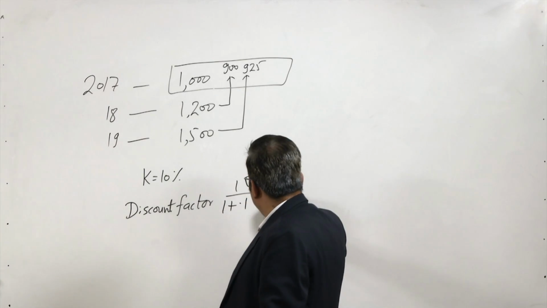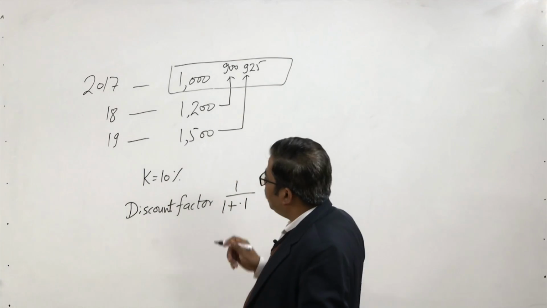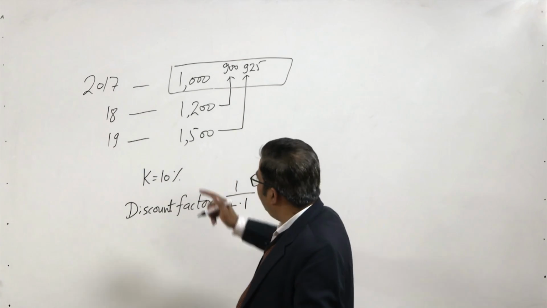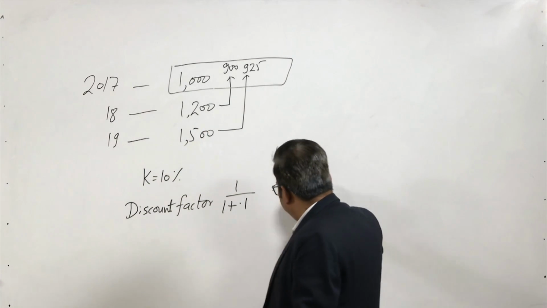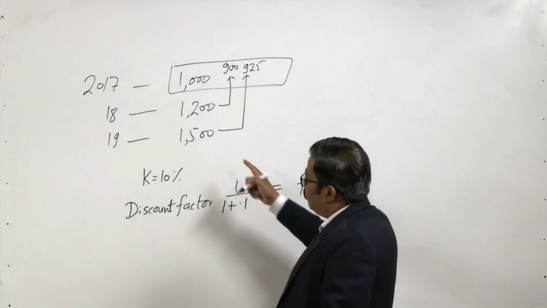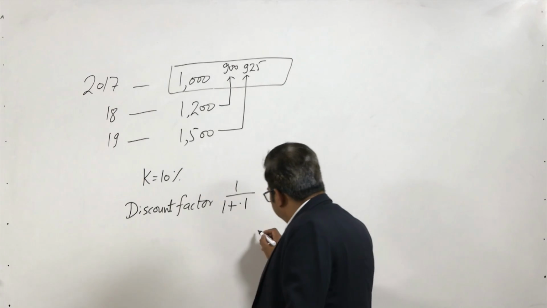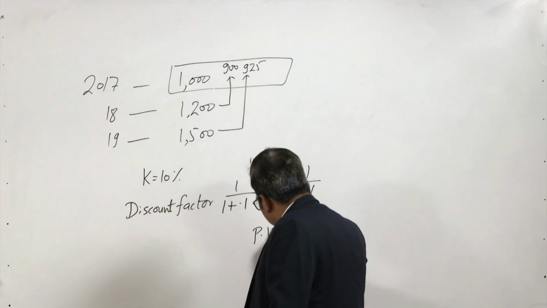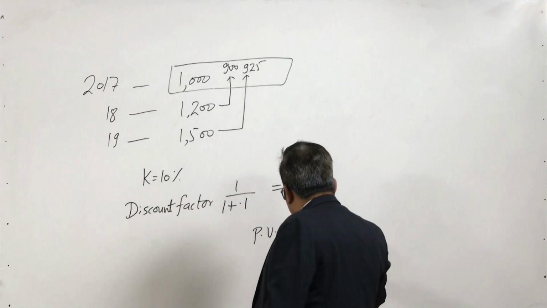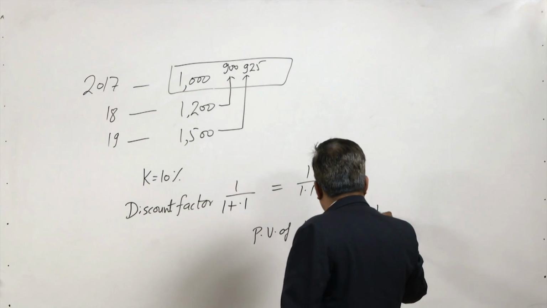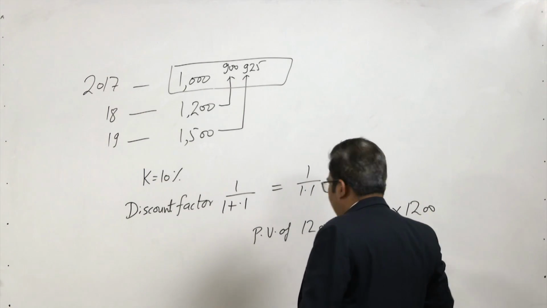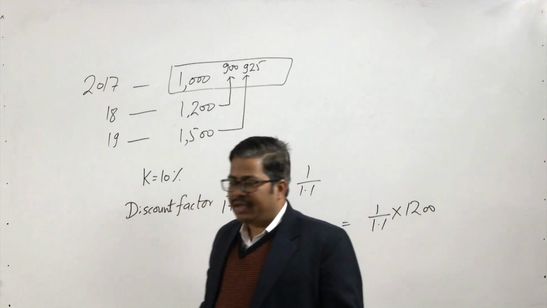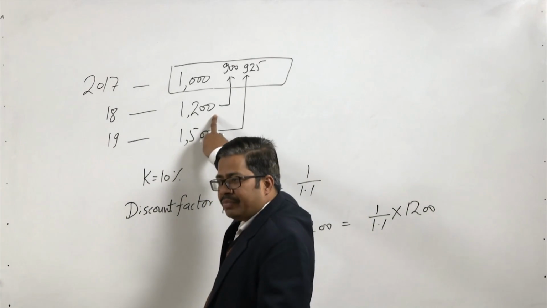And if I want to calculate the present value of 1200 rupees, so present value of 1200 equals 1 upon 1.1 into 1200. So that is the present value of this stream.